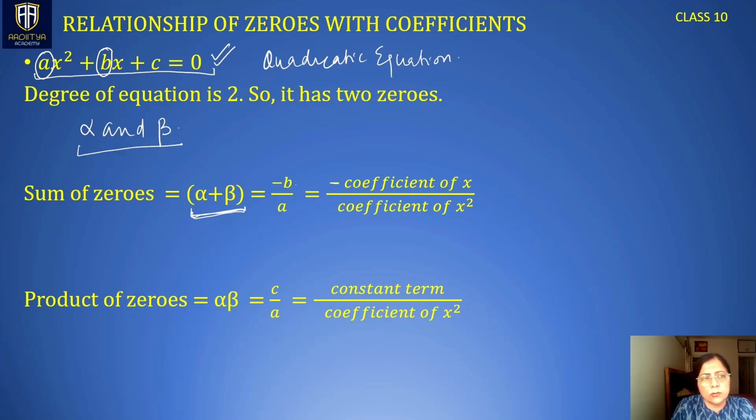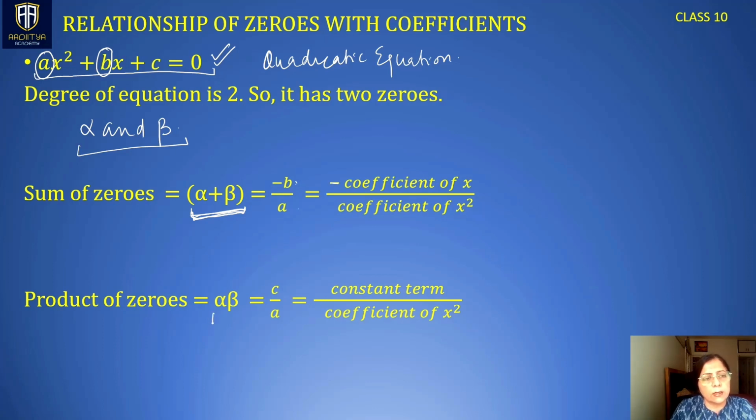After finding those 2 zeros, we can verify that the sum of those 2 zeros can be expressed as minus b by a, where b is the coefficient of x and a is the coefficient of x square.